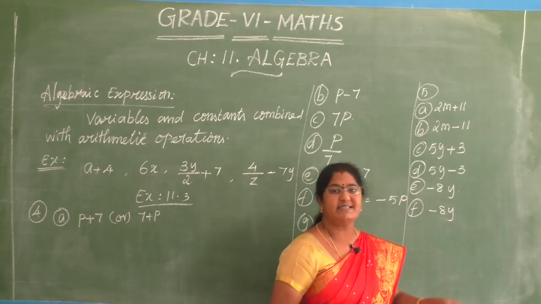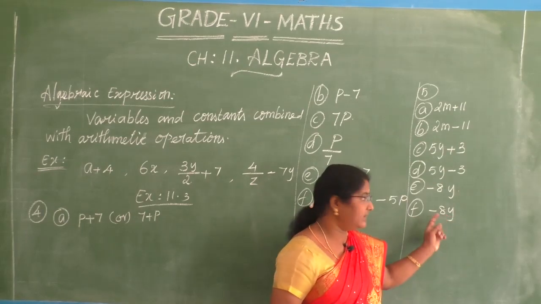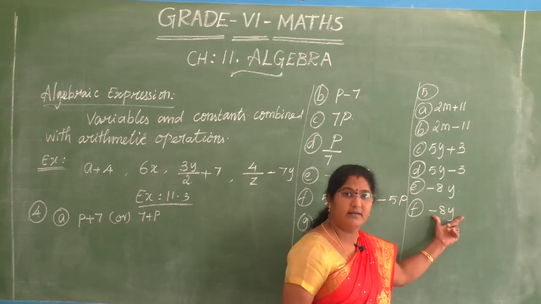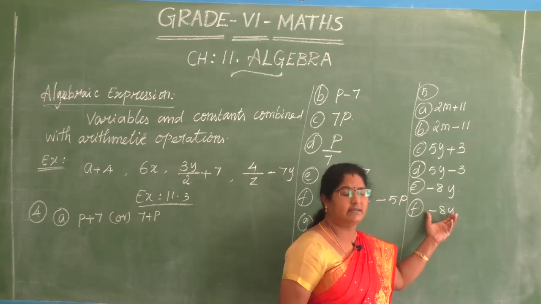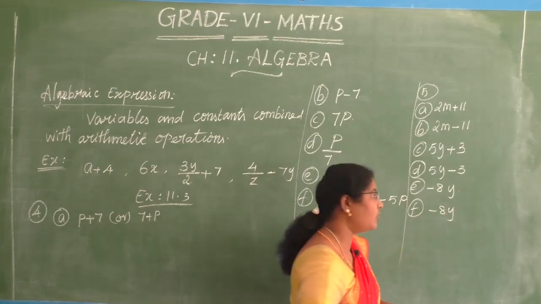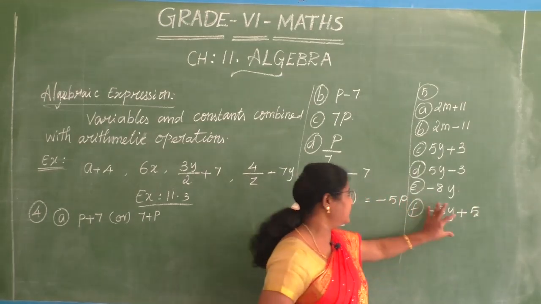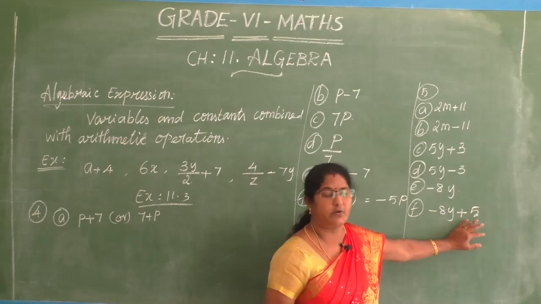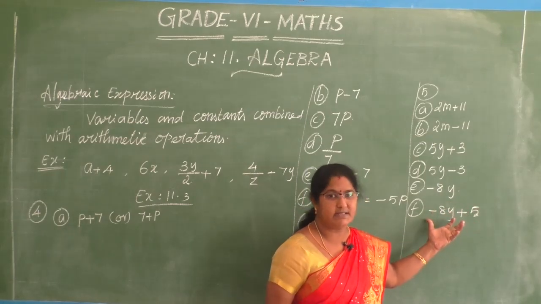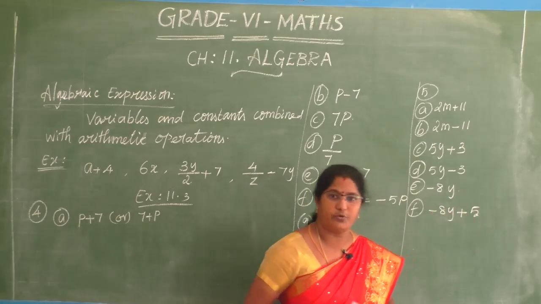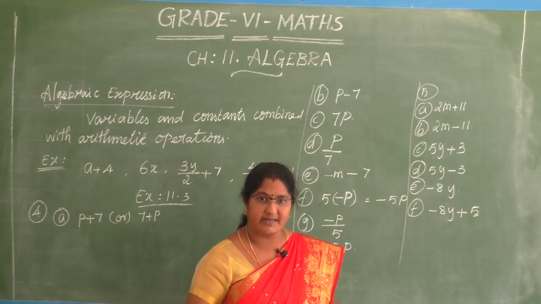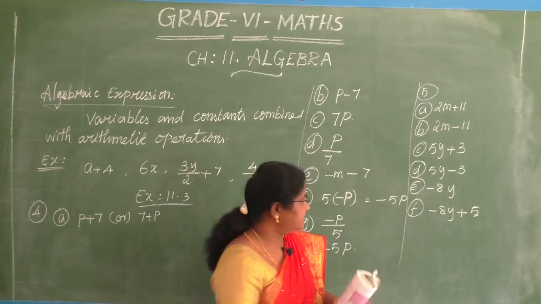And then 5 is added to the result. If we do this, the result that comes after, you add 5 to it. So with this, add 5 together. It stays together with the product, and we put +5 with it. -8y + 5. Do you understand? Okay, G question.